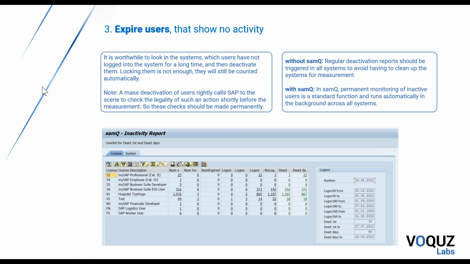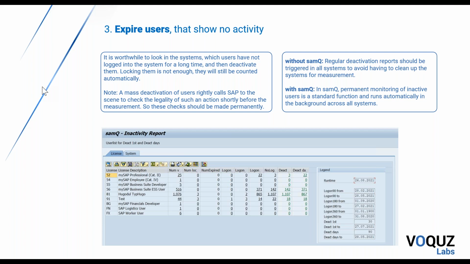And if you see that a number of users haven't been logging into the system, then there is a high probability that you could expire and deactivate those users. First, when you have deactivated and expired them, they won't be counted for the audit results. And this is important to be managing on a regular basis, mostly monthly.